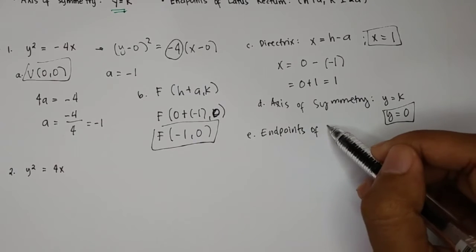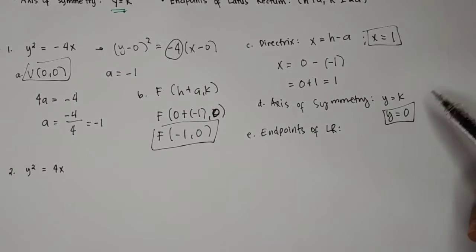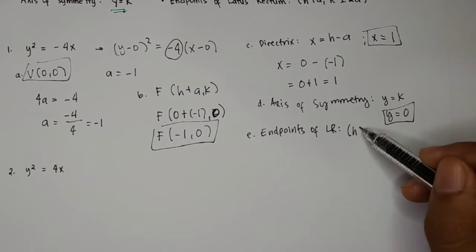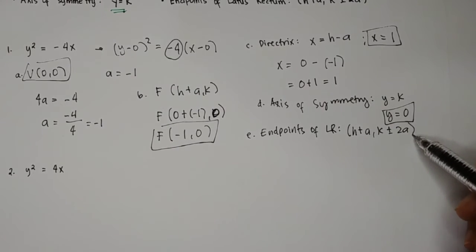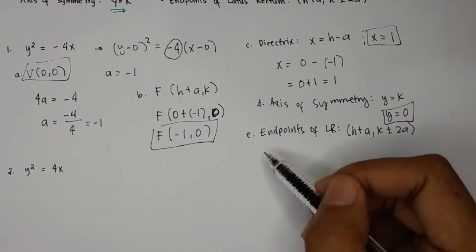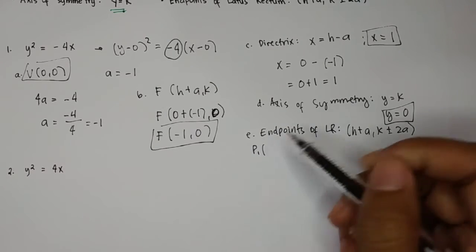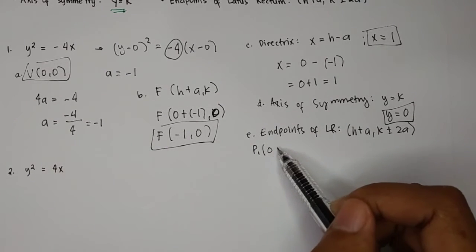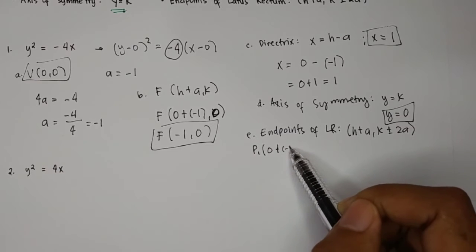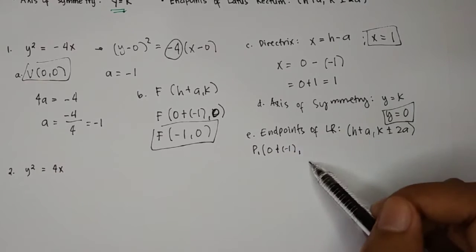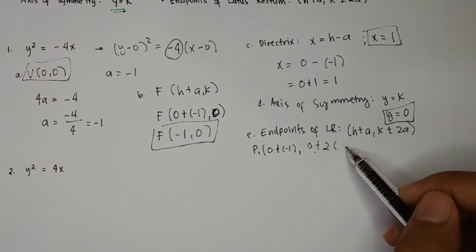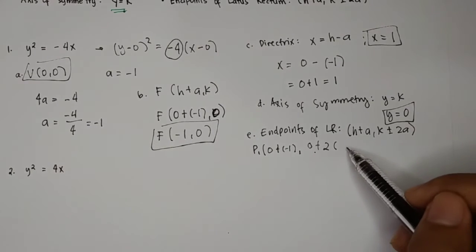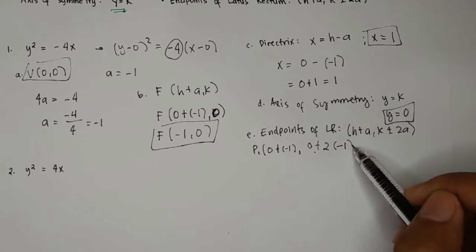Endpoints of latus rectum. So, formula natin (h plus a, comma, k plus minus 2a). So, ano yung first point? Then, we have P1. We have 0 plus negative 1, comma, 0 plus 2 times, plus muna tayo, 2 times negative 1.